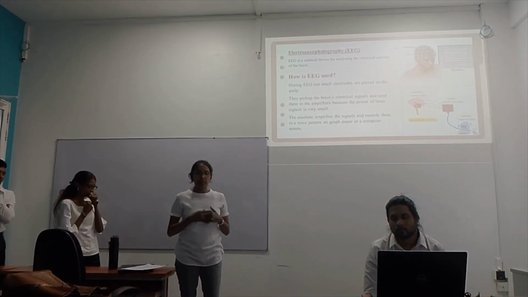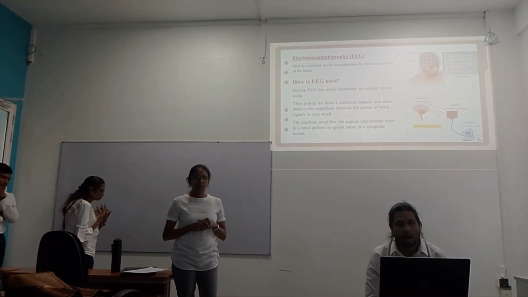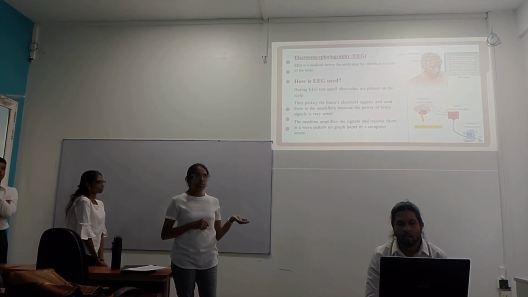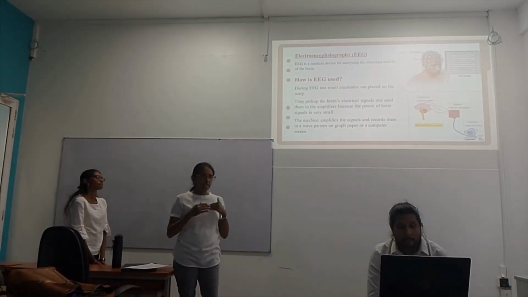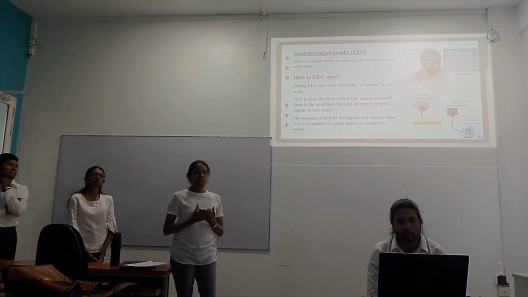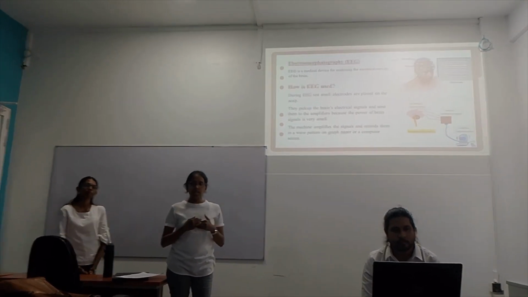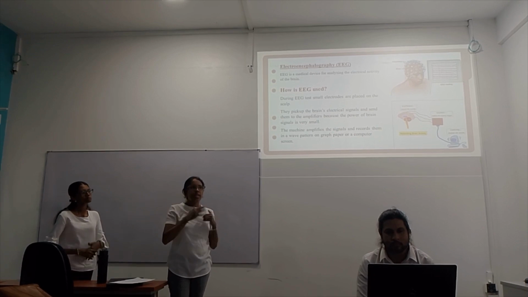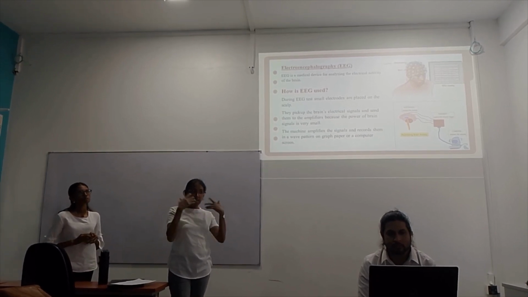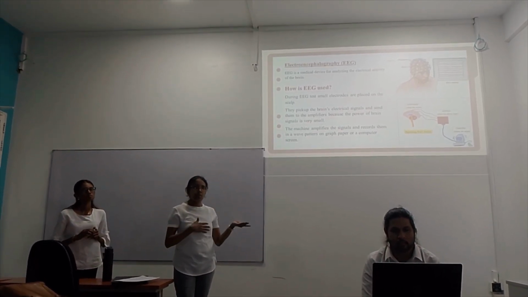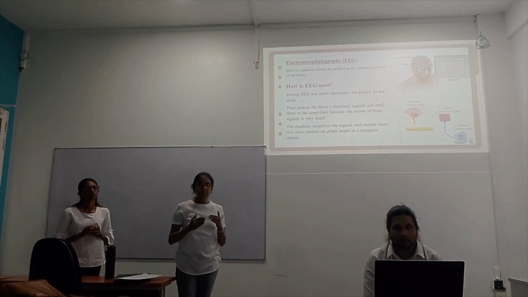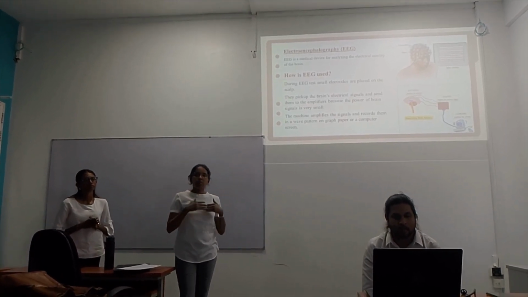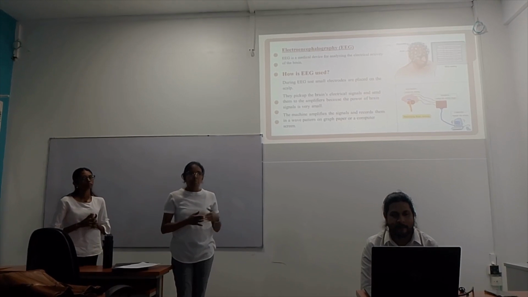EEG is a medical device for analyzing the electrical activity of the brain. During the EEG scan, some electrodes are placed on the scalp. They detect the brain signals and send them to the amplifier because the power of brain signals is very low.